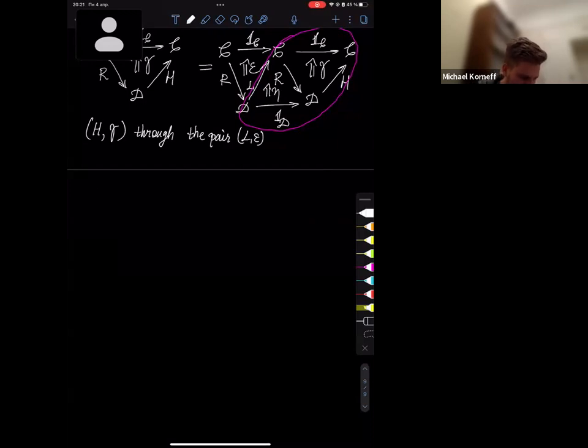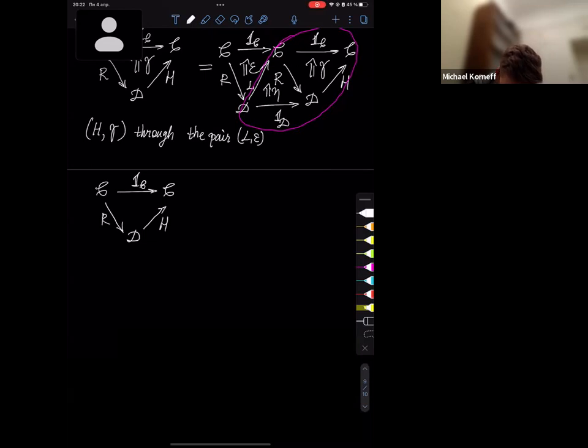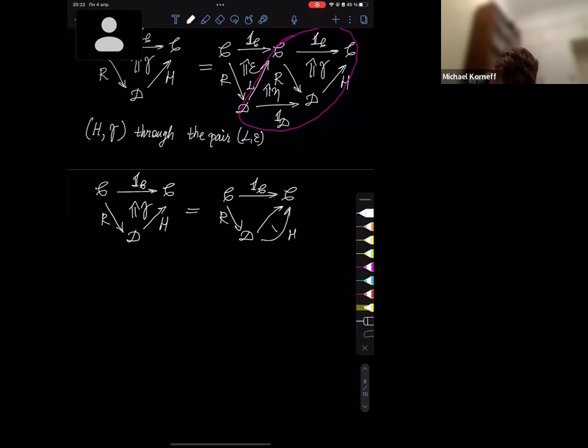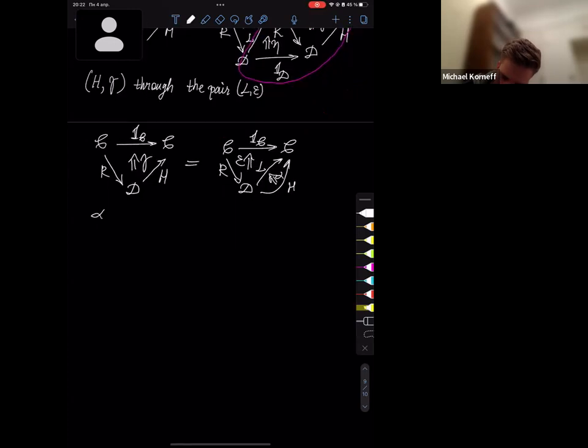To do this, we can consider the following equality of the diagrams, where alpha is some factorization of gamma.